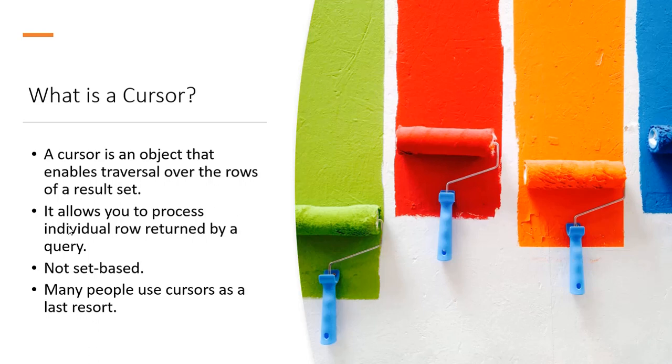Relational databases are inherently set-based, and so doing this row-by-row is considered suboptimal. However, there are specific situations where that is the only choice. So we work at an individual row-by-row process, and it's a last resort.